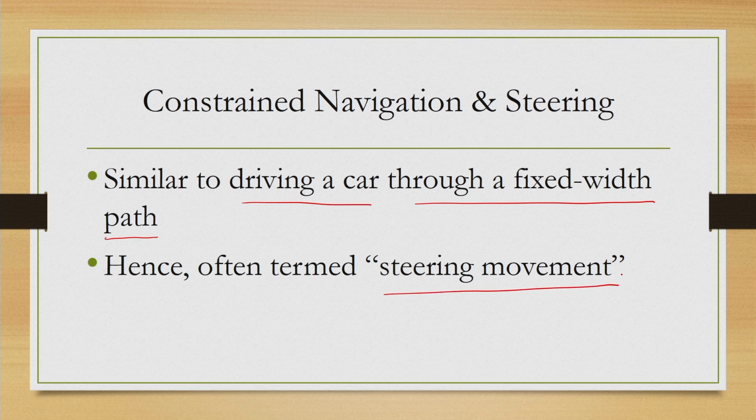So, whatever we are discussing now is essentially a kind of movement which is popularly referred to as steering movement, and in the context of interactive systems we are looking forward to having a model to compute the performance of such steering movements.